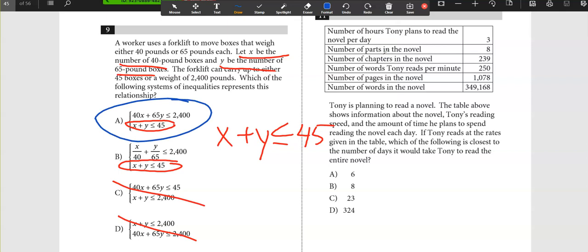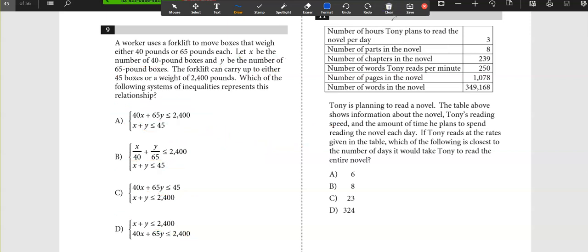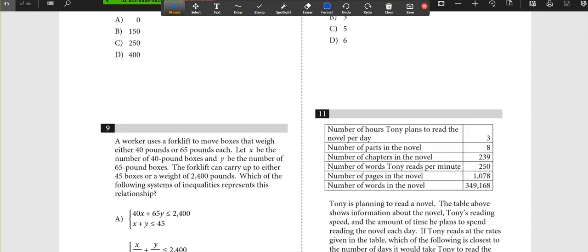Because certain boxes weigh 40 pounds and other boxes weigh 65 pounds, and we're going to add them together. We want less than or equal to 2,400 pounds. If we go over 2,400 pounds, we have damaged our forklift because it won't work. Sometimes we can get rid of bad choices pretty quickly.